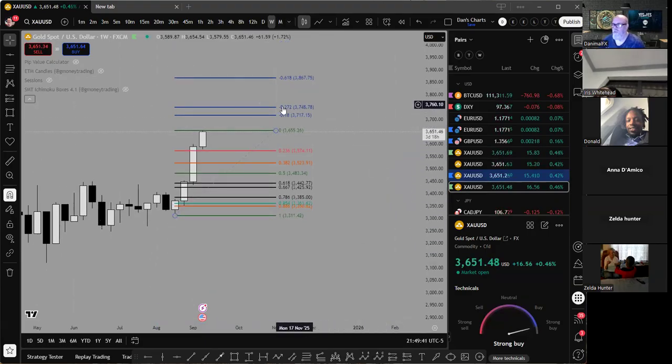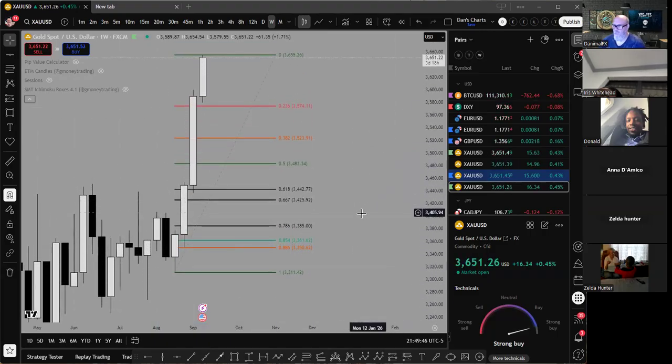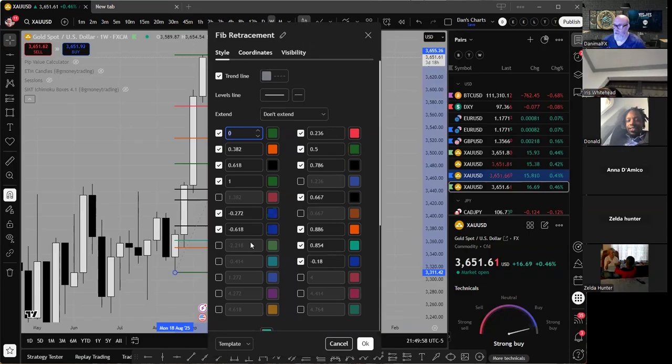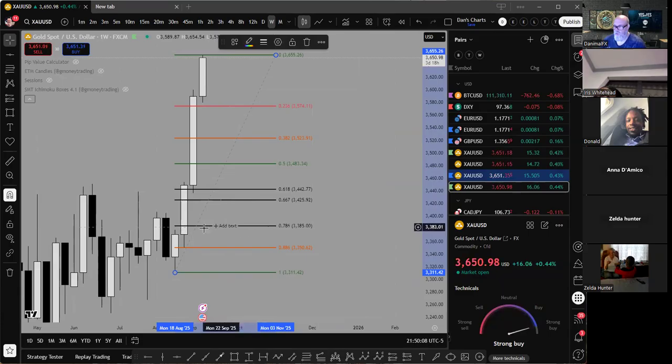So what I've done is I've added some different levels. Once the 618 is broken, I sometimes look for it to come to 667, 786, and definitely this 886 down here. So this is a zone like an institutional level zone that G-Money sometimes talks about.